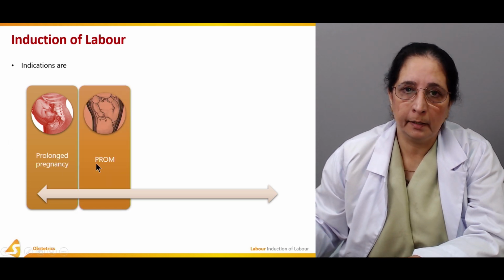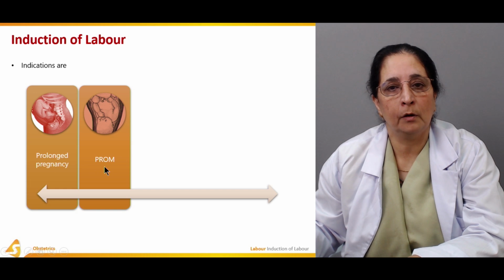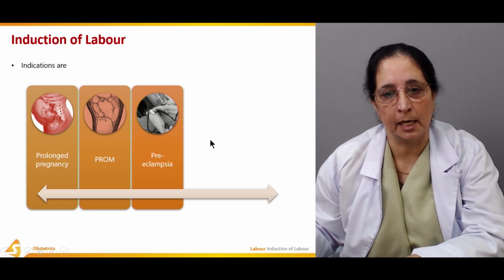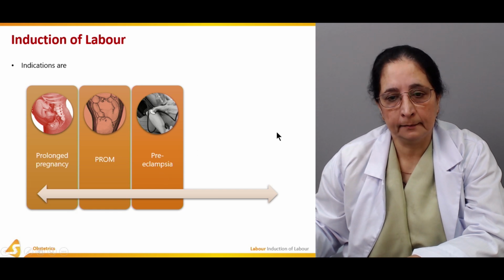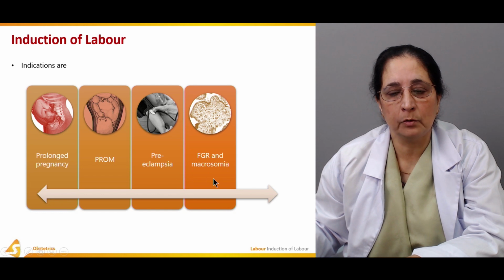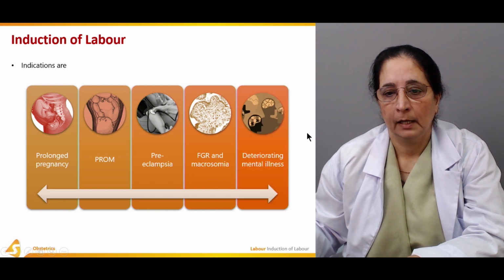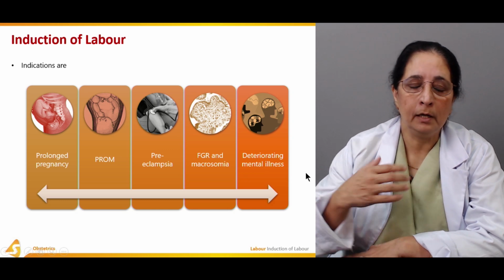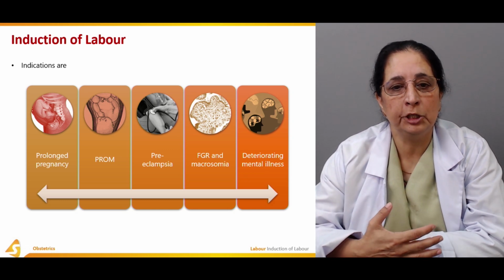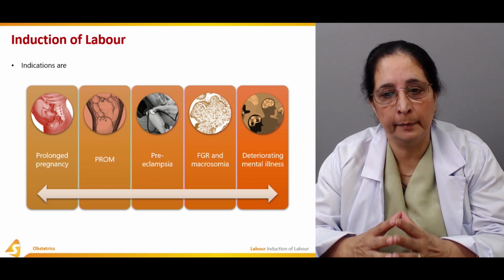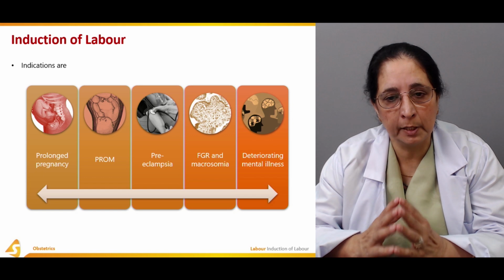If there is preterm or pre-labor rupture of membranes, induction of labor should be done. Preeclampsia, fetal growth restriction, macrosomia, and also deteriorating maternal illness. All these conditions are indications for induction of labor.